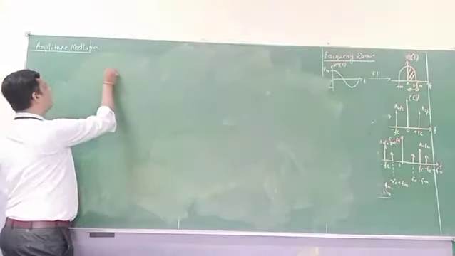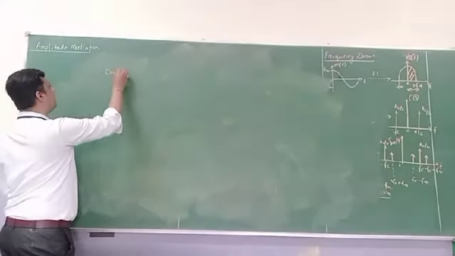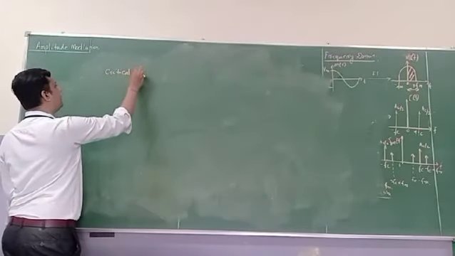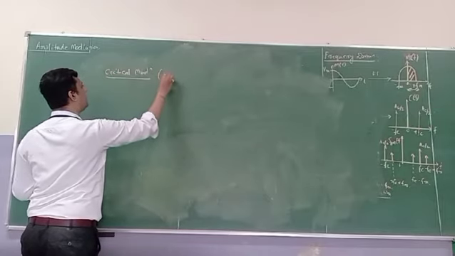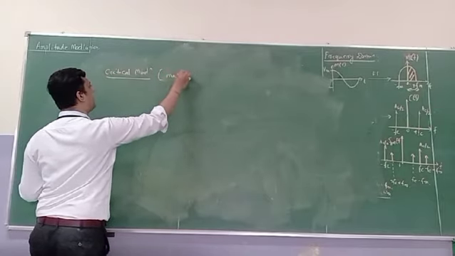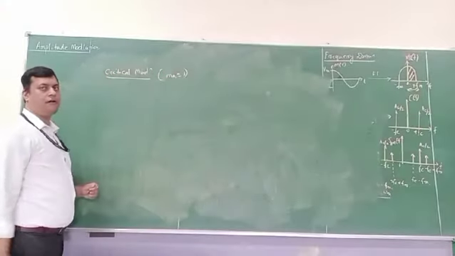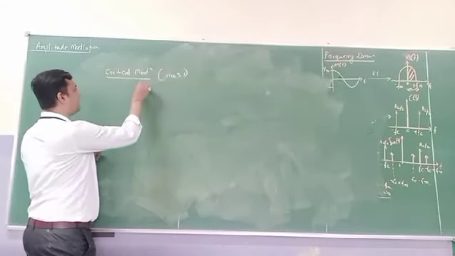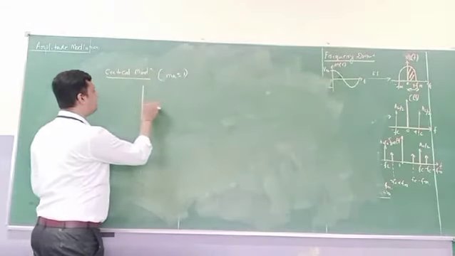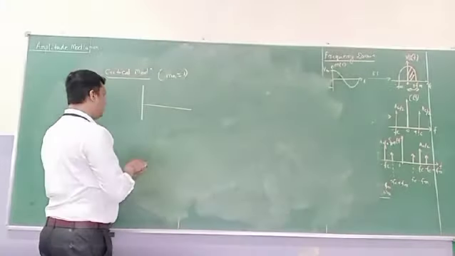So we will start with critical modulation. Critical modulation means the amplitude of the carrier and the amplitude of your modulating signal are the same. If it is the same, your representation of a modulated wave will look like this.